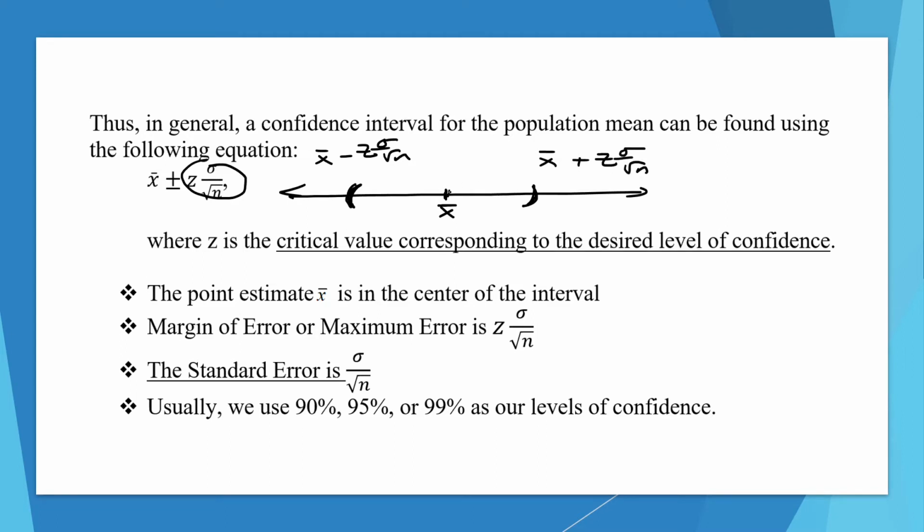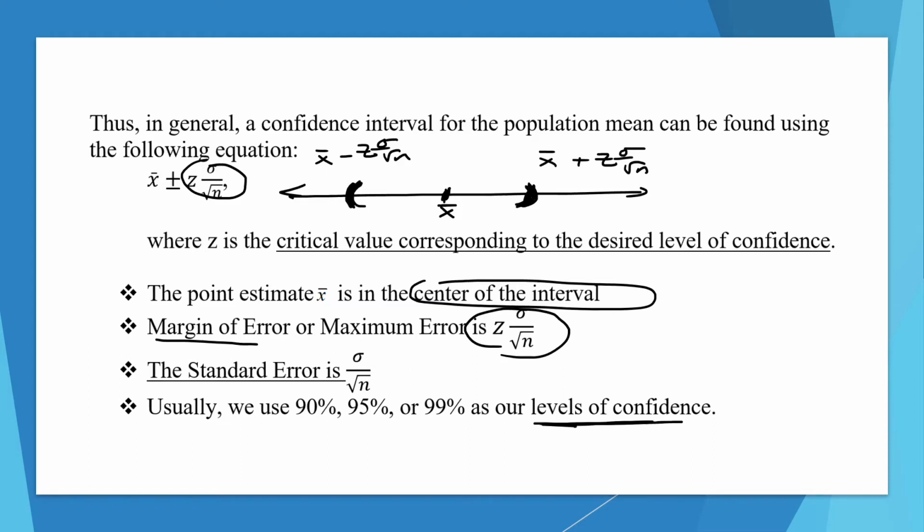So the point estimate is the center of the interval, and our margin of error is that number z times sigma over the square root of n. So I take the point estimate and I add or subtract that margin of error to get my confidence interval.